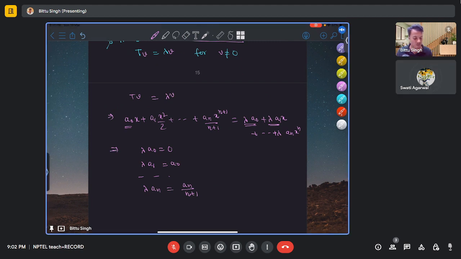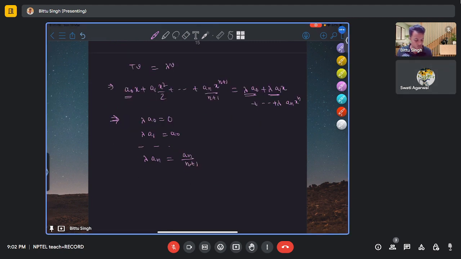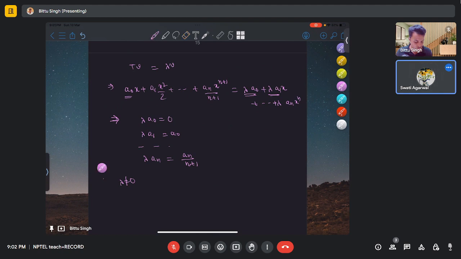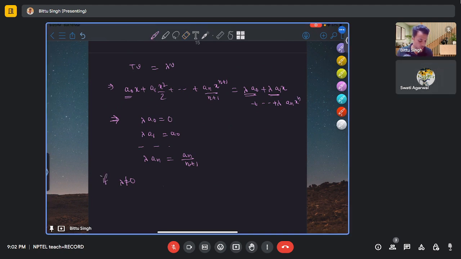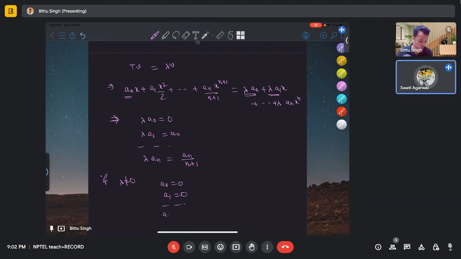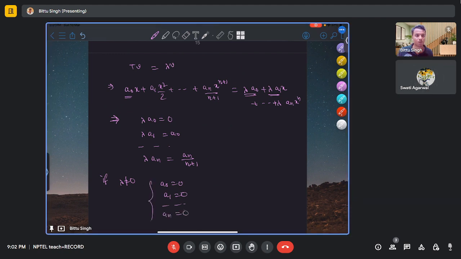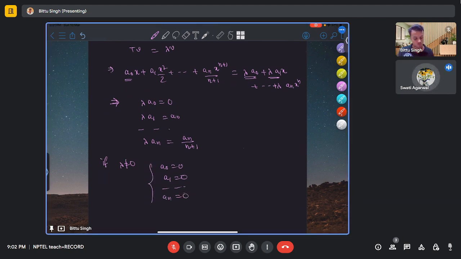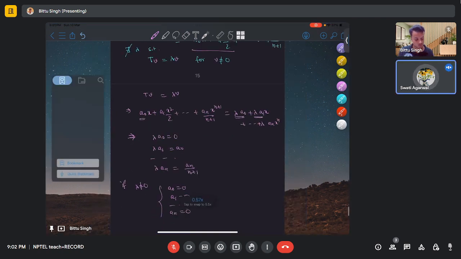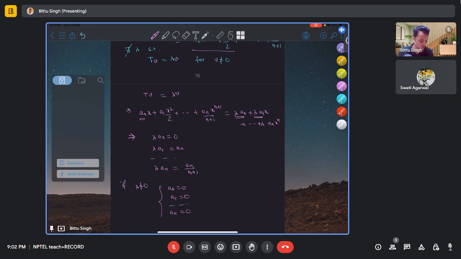So first case, assume lambda is non-zero. Then we get a0 equal to 0, then a1 equal to a0 by lambda, so a1 is 0, and so all the ai are 0.